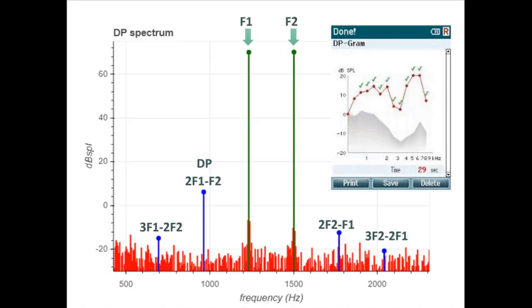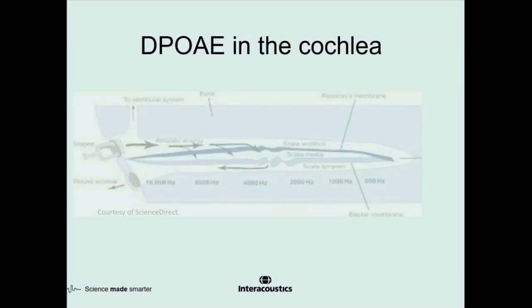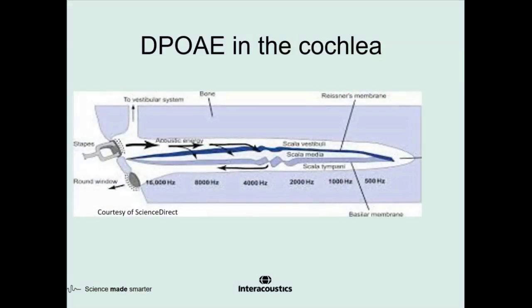So looking in a little more detail at what's happening in the cochlea during this process of distortion generation, here's a diagram that represents the travelling wave going along the basilar membrane, and I'm going to take that concept and simplify it.